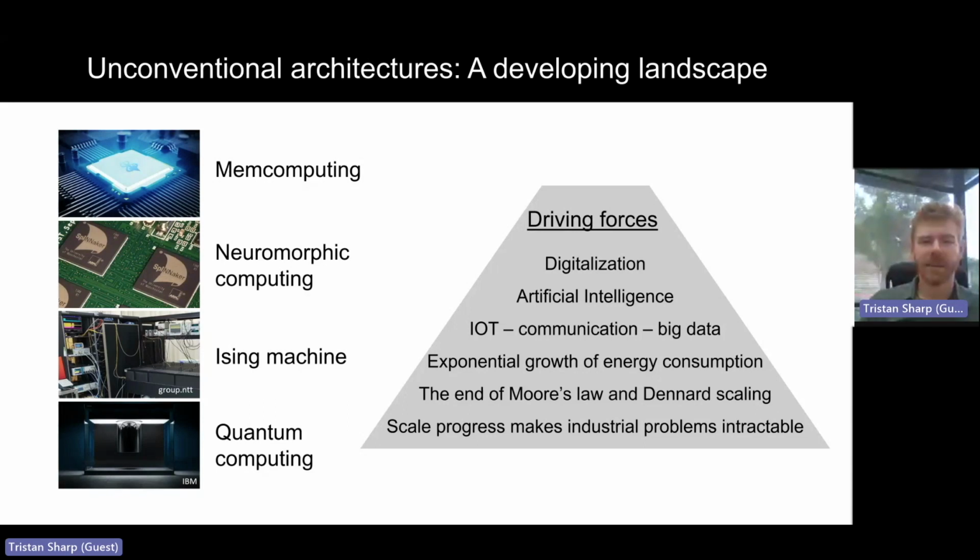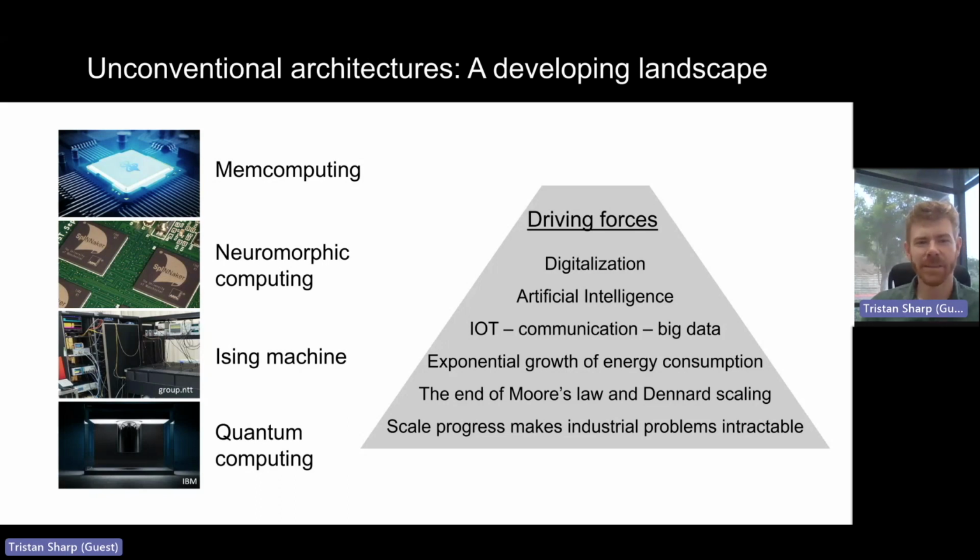Neuromorphic computing takes its motivation from the brain, typically spiking neural networks. Then there are Ising machines, which approach problems from the direction of the Ising model. Quantum computing, which is probably the most famous of these, endeavors to make aspects of quantum physics accessible for useful computation. And so what's driving these in society today?